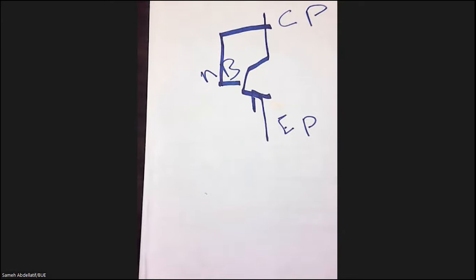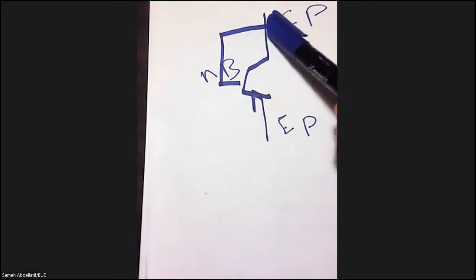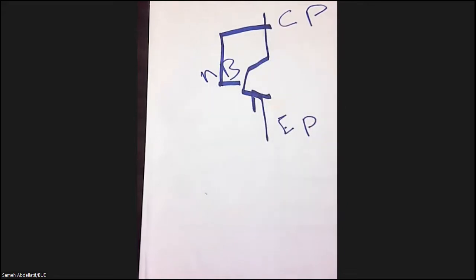So basically, this is the construction of a bipolar junction transistor: a combination of two p-n junctions. Once we make this short circuit, then automatically we deactivate one of these p-n junctions.